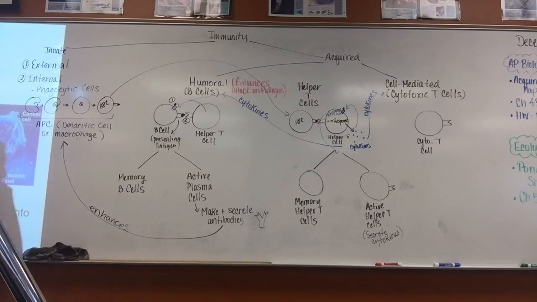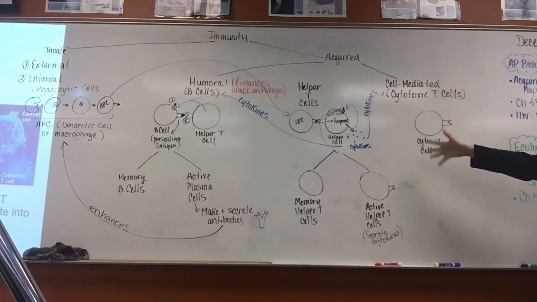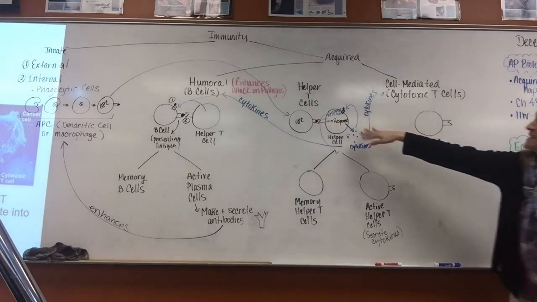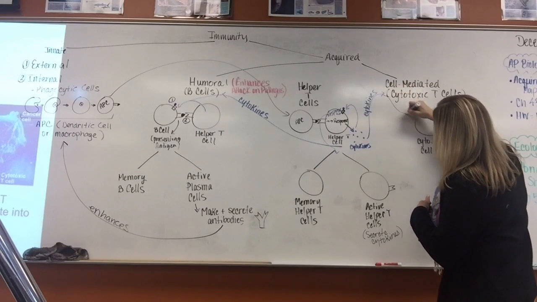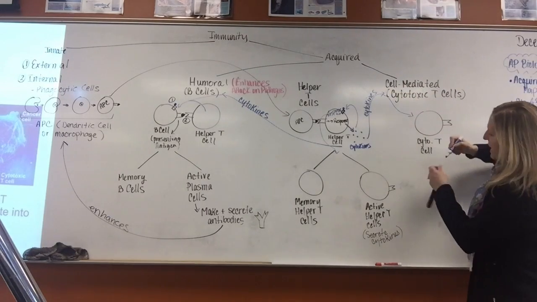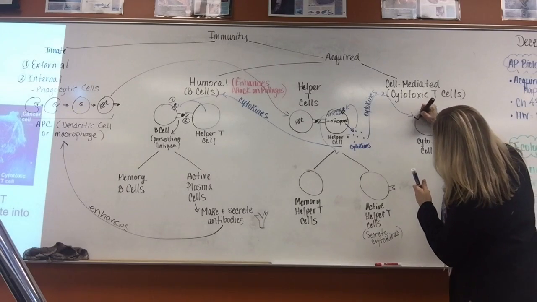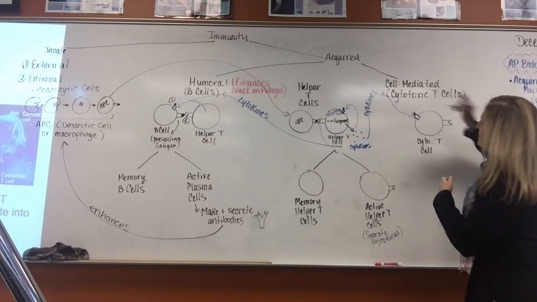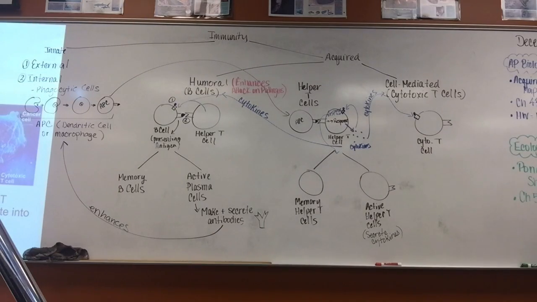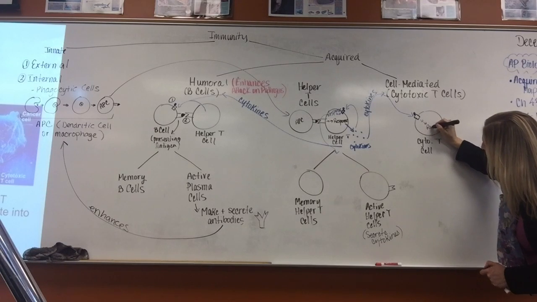But how it becomes activated to even do that is with the help of the helper T cell and the cytokines. I'm going to draw this arrow here from the cytokines from the helper T cell. You have a receptor protein on the cytotoxic T cells, and here's the cytokine binding to it, my blue cytokine. It causes a signal transduction pathway, and you get a response.